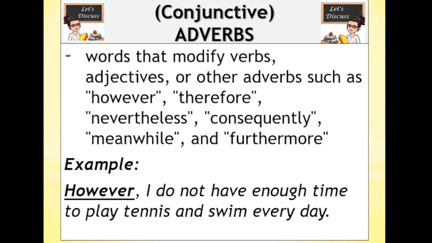Let's have this example: However, I do not have enough time to play tennis and swim every day. The word however here is our conjunctive adverb. Now what does it modify? It modifies I do not have enough time to play tennis and swim every day. So it tells us that it is describing the sentence itself.